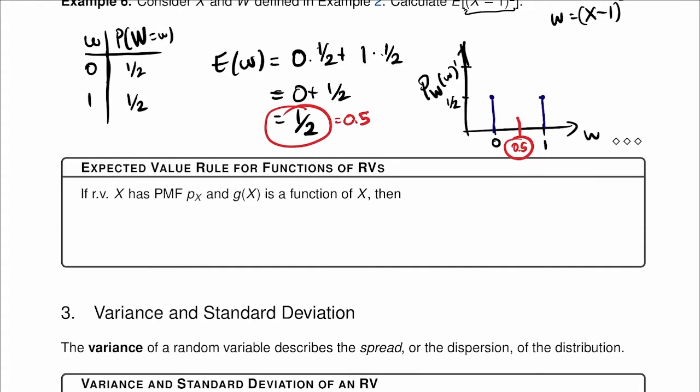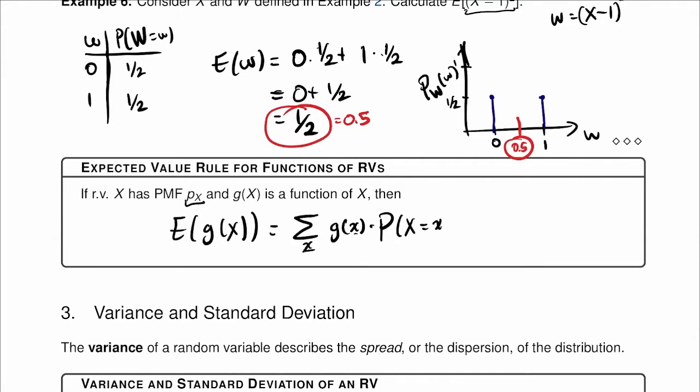This is the definition to calculate expected value, the rule for functions of random variables. If a random variable X has PMF p of x and g(x) is a function of x, then the expected value of the function of the random variable is the sum over all possible values of x of the function evaluated at this number x, times the probability that the random variable takes those values.